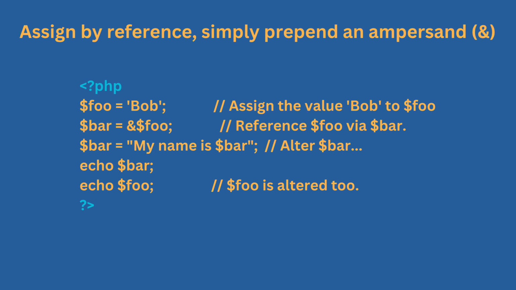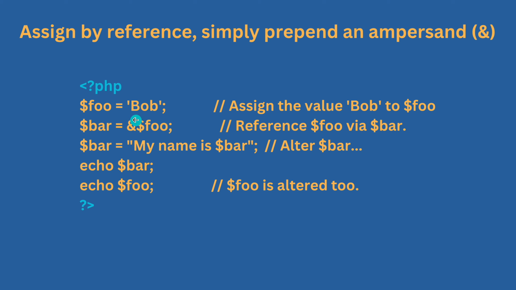Now, to assign by reference, simply prepend an ampersand. Here one variable foo is there and Bob is assigned. Now I am creating another variable bar and giving $foo with an ampersand. What is the meaning of this ampersand?